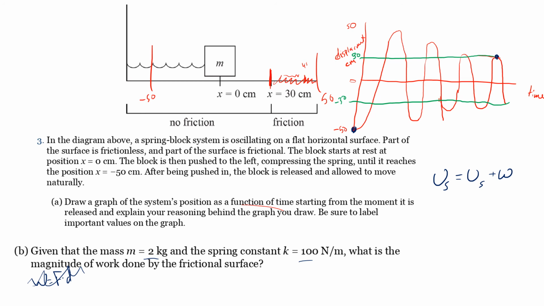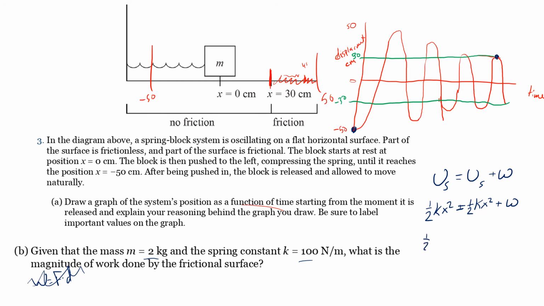All right, so remember your spring energy formula is going to be 1/2 kx squared equals 1/2 kx squared plus W. These x's are not the same.